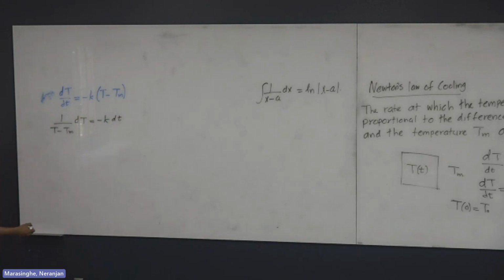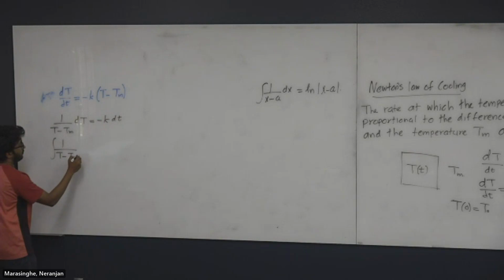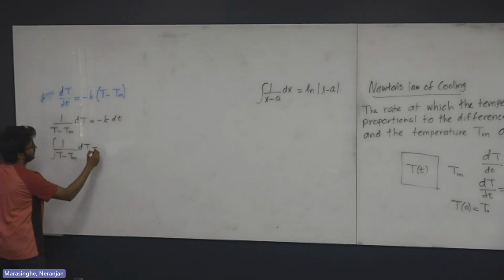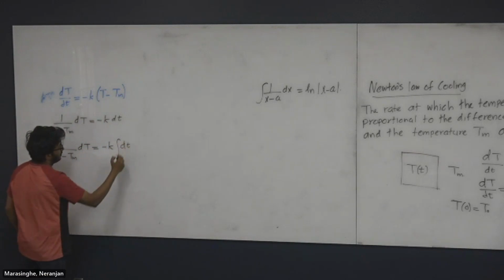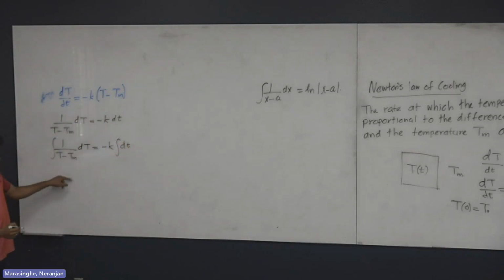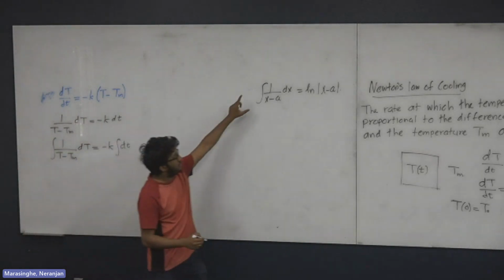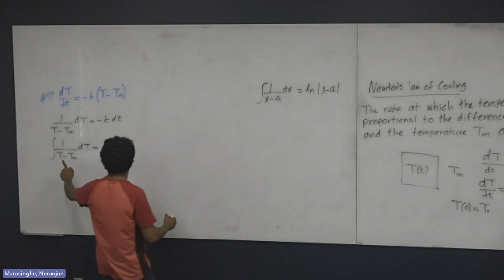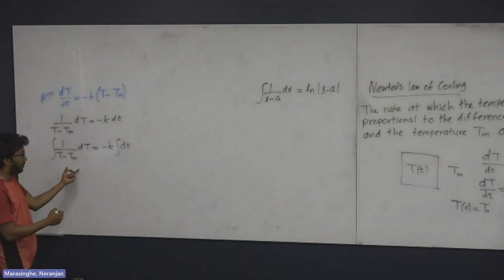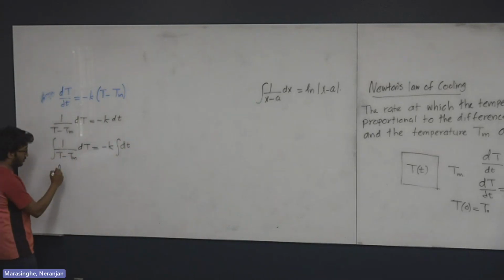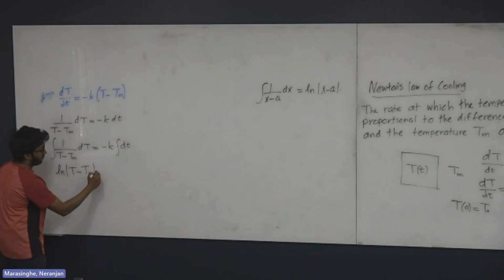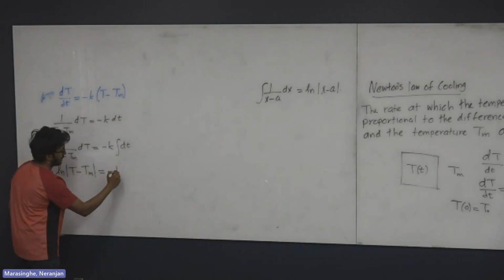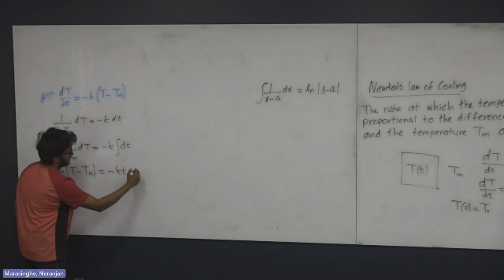Okay. Then I would integrate: the integral of 1 over T minus Tm dT is equal to minus k times the integral of dt. The integral is of this kind, where instead of x I have capital T, and instead of a I have Tm. So this is going to be the natural logarithm of capital T minus Tm equals minus kt plus a constant.